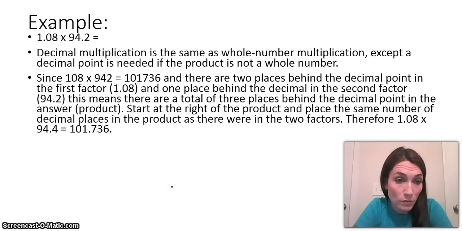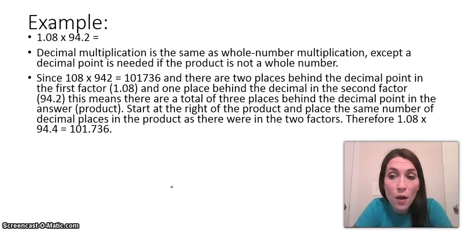So that means the one place is where the 2 is, and the decimal point comes before it. This means there are a total of 3 places that are behind the decimal points in the answer, which is our product. So start at the right of the product and place the same number of decimal places in the product as there were in the two factors.